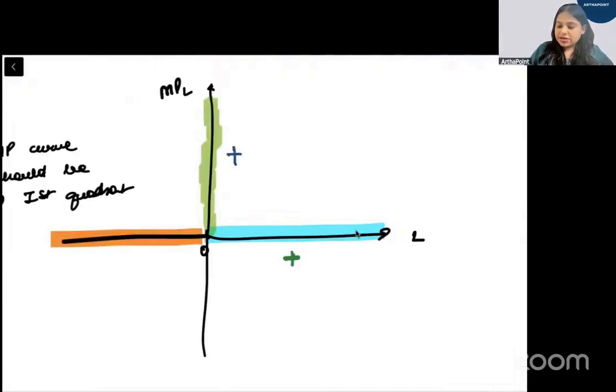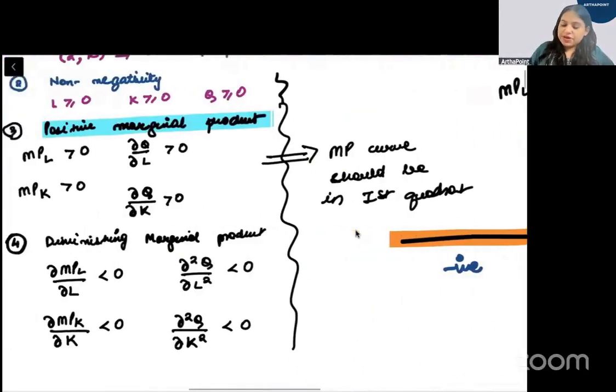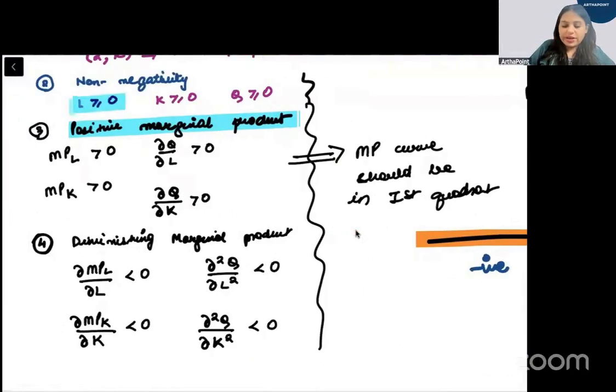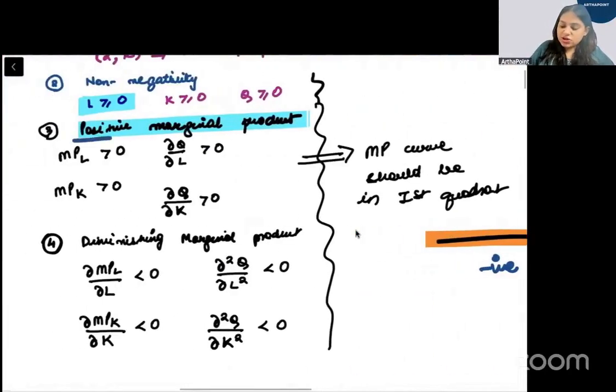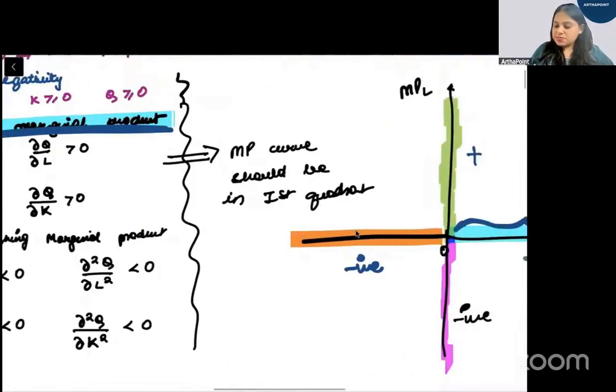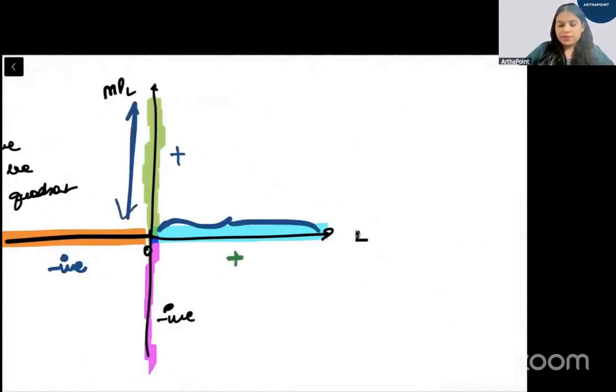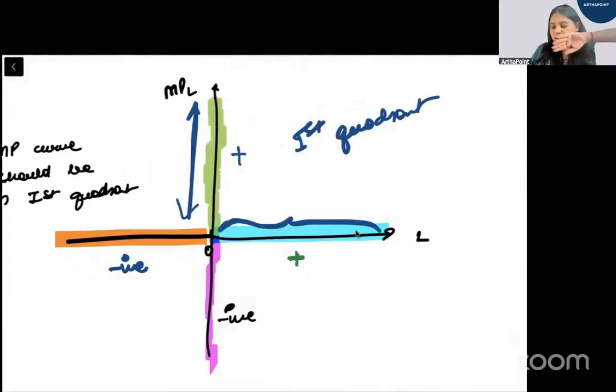Here labor has negative values. And here marginal product is negative. So ये वाली property क्या थी that labor can only be non-negative. माने I can only be here. Labor की value सिर्फ here. And this property says that I should have positive marginal product. Means marginal product can also be only here. So it is clear that I have to be in the first quadrant. I cannot have negative values of marginal product or negative values of labor. So I can remove this.